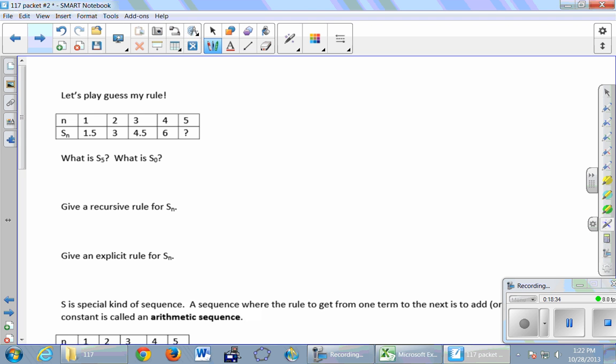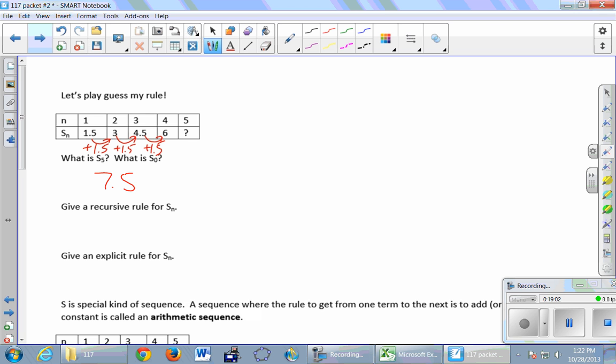Okay, so what I would like us to do is calculate S sub 5. So first we have to figure out what the rule is here. How do I go from this number to this number? We add 1.5, and then here, add 1.5, and here, add 1.5. Okay, that's pretty compelling that we have found the pattern. So we add 1.5 and we get 7.5.